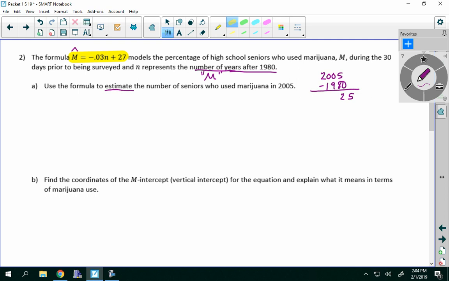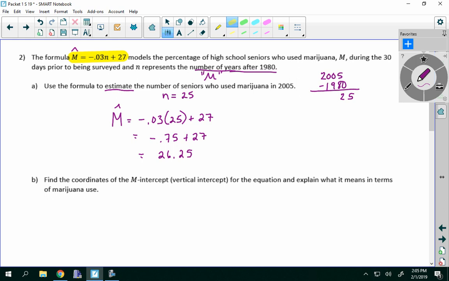Okay, so what does that give us? 25 years. So that means when we use our model and our formula here, we're going to let N equal 25. So now we go to a model and we say negative 0.03 times 25 plus 27. That equals negative 0.75 plus 27. And that equals 26.25.